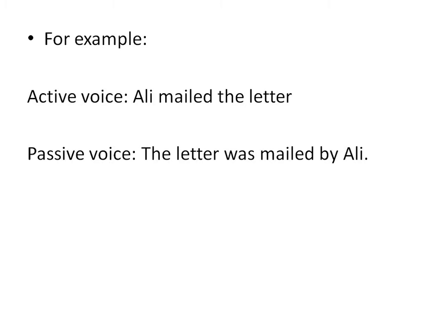Ali mailed the letter. Now when we transform it into the passive voice, the sentence becomes: The letter was mailed by Ali. So the focus of this sentence is on the letter. The object comes at the place of the subject, and the subject goes to the place of the object.